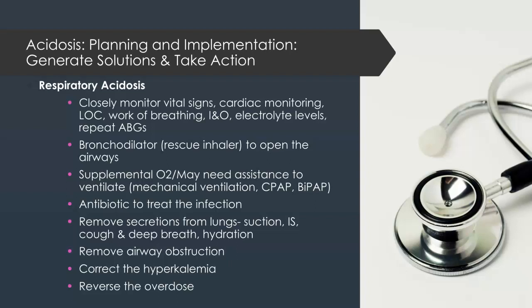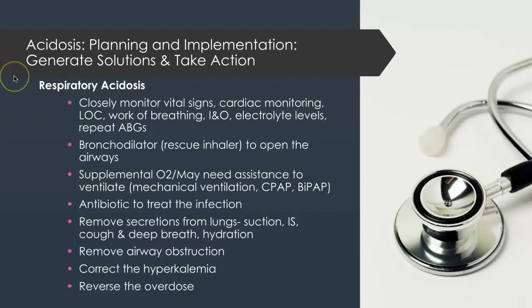CPAP is continuous positive airway pressure, and BiPAP is bi-level positive airway pressure. And so BiPAP is especially good with somebody with high CO2. It helps to blow off that CO2.